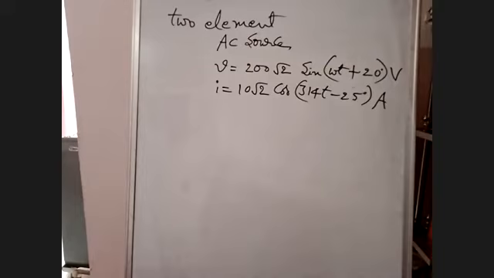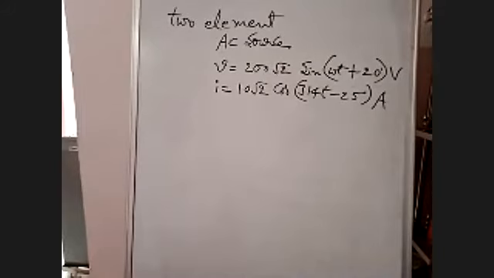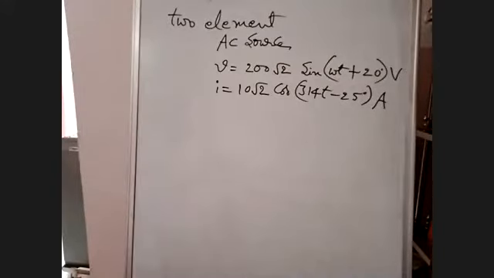Now, how will we determine the parameters? What are the elements? Resistor, inductor, and capacitor are the elements. Now we have to determine whether this problem is an inductive circuit or a capacitive circuit. How can you determine it is an inductive circuit?